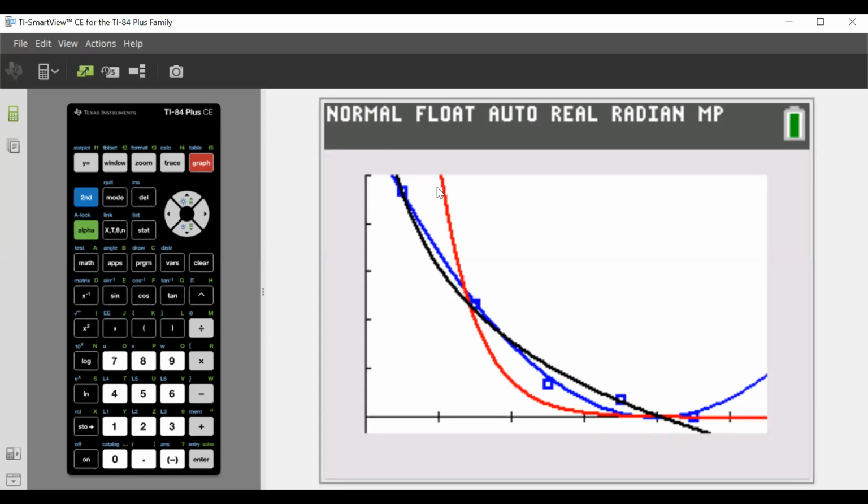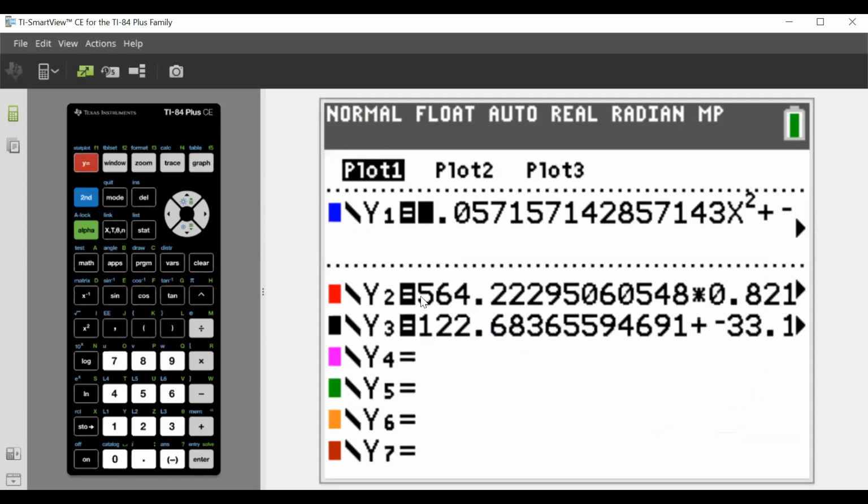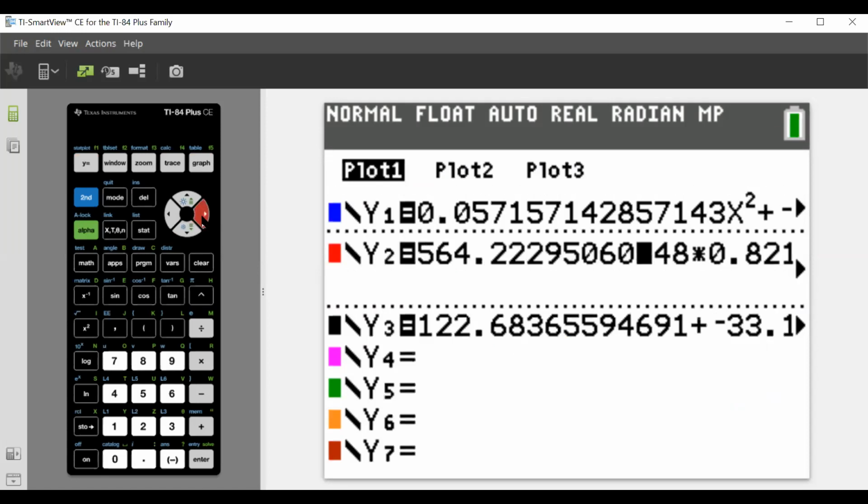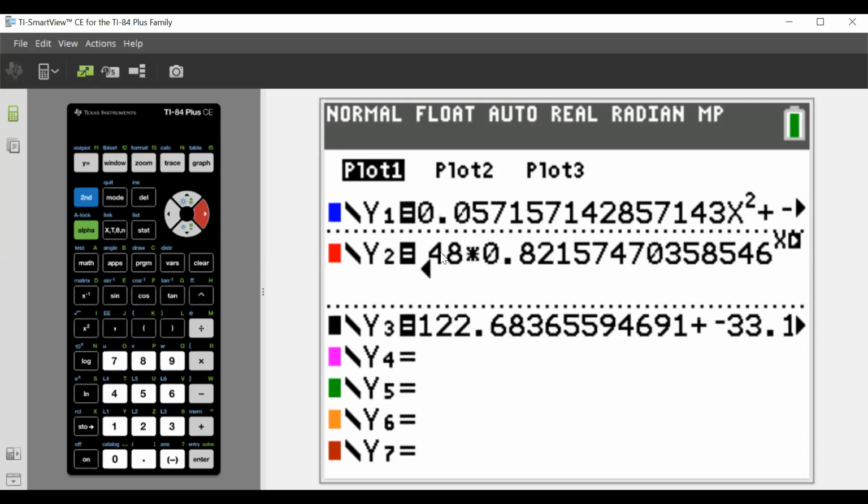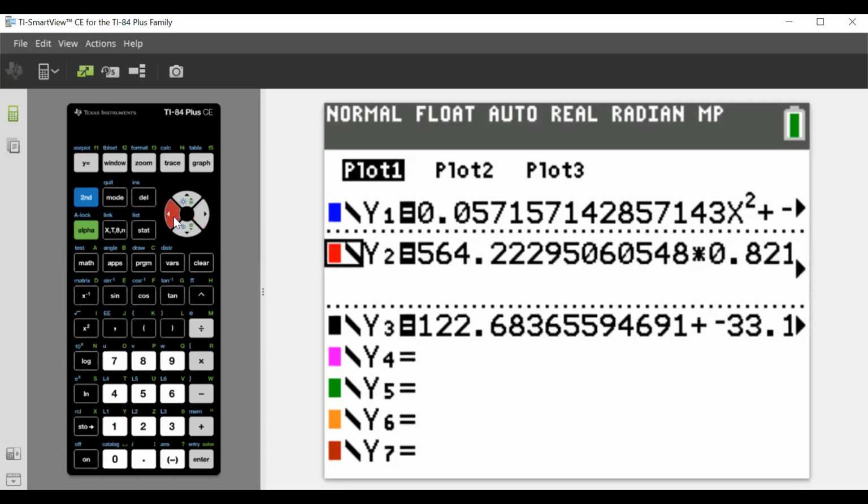That would have to be our red one, which was 564.22 times 0.821 to the x. Okay, so our exponential. That's going to be the one that fits the best.